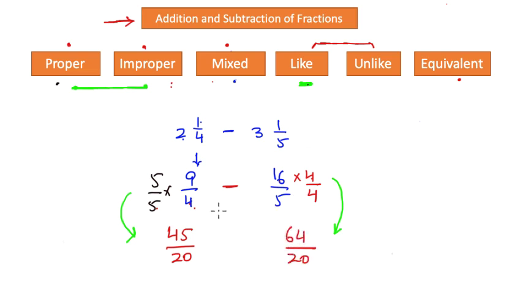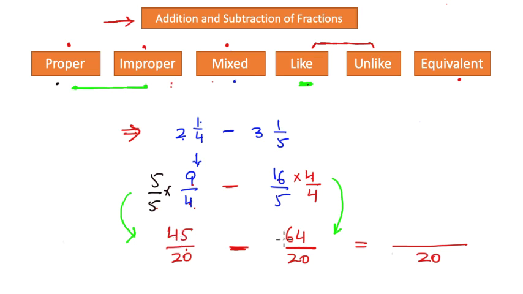Right? So you see that from these mixed fractions, you converted them to improper form, and then you converted them to like fractions. Now you have the same denominator, and the task is very simple now, because you simply take the denominator as it is and perform the subtraction on the numerators, correct?